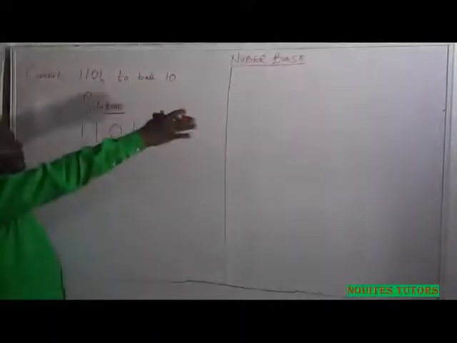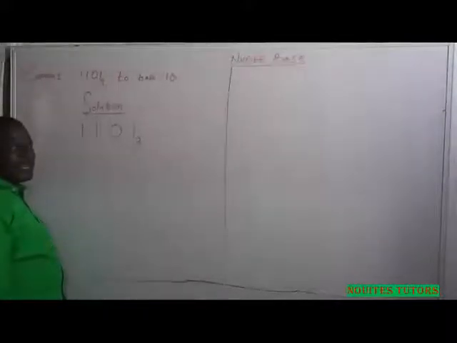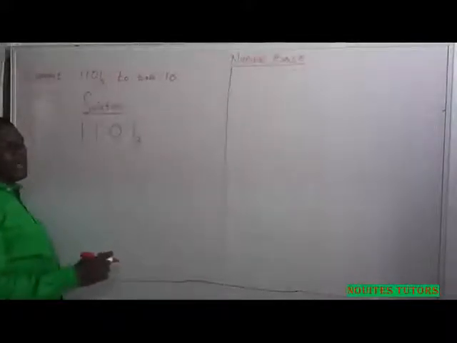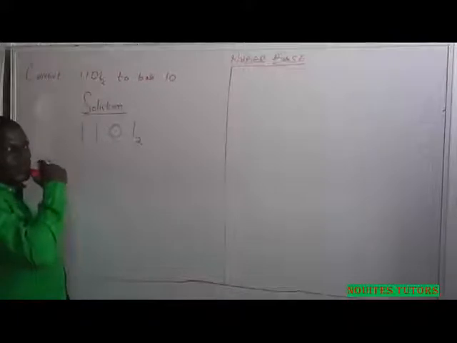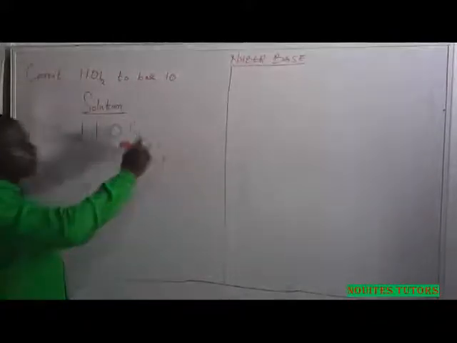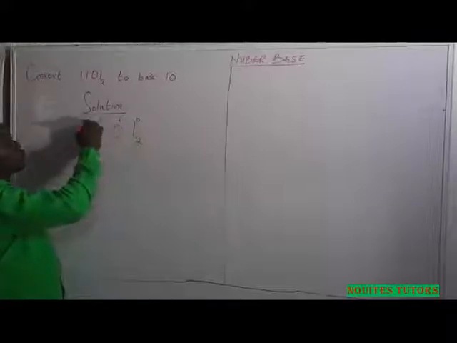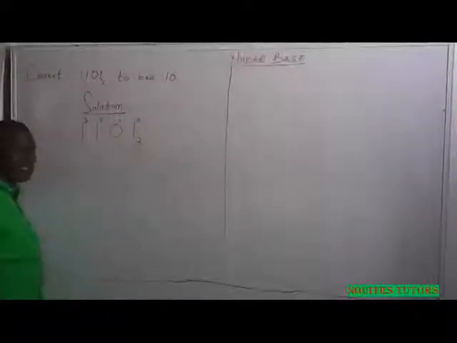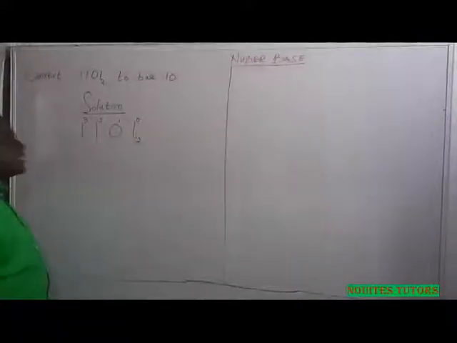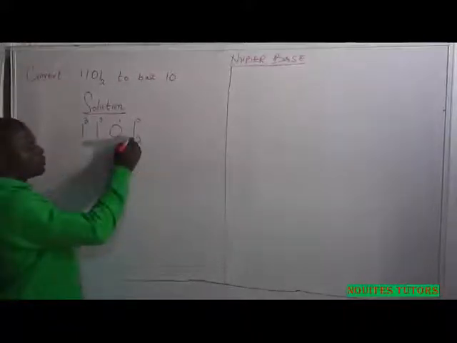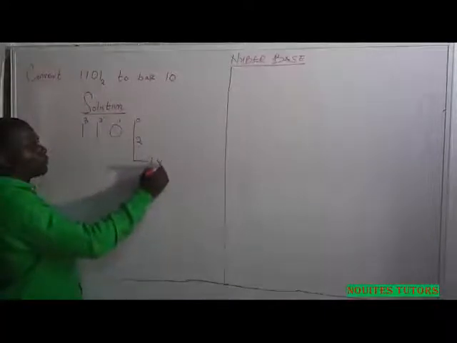Now always start from your right hand side. You give it a power. Always start from your right hand side. Give it a power. So if I start from 0, 1, 2, and 3. You see that? Always start from your right hand side. Then I will use this 1 to multiply the 2. 1 times 2.